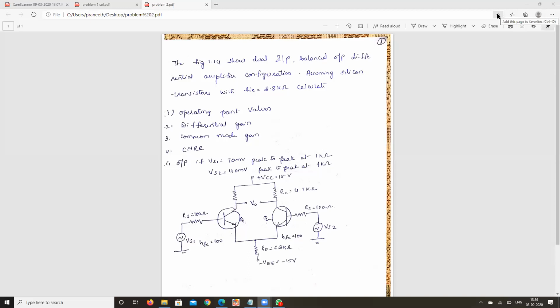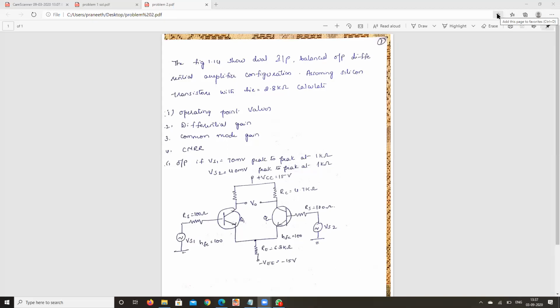And you're asked to find out also the output voltage. So both VS1 and VS2 are given. VS1 is given as 70 millivolts peak to peak, and VS2 is 40 millivolts peak to peak, both at 1 kilohertz.